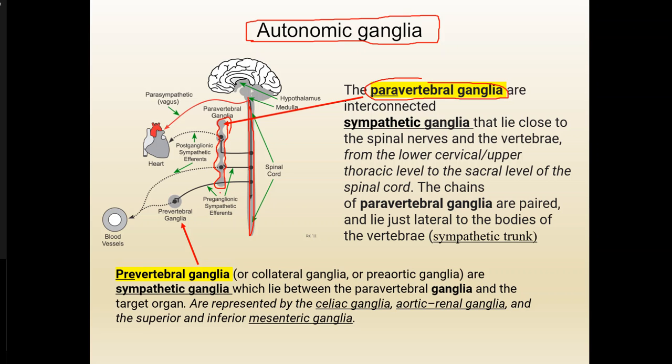Here they're just schematically represented on one side. But these all run parallel to the spinal cord, and they are called altogether the sympathetic trunk. A set of ganglia that run parallel to the spinal cord are known as paravertebral ganglia, and altogether recognized as the sympathetic trunk.